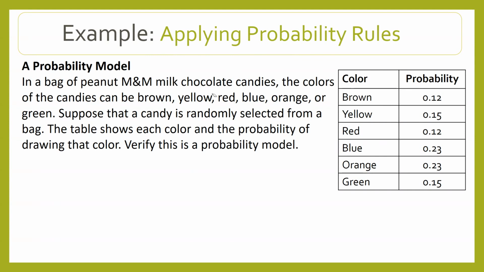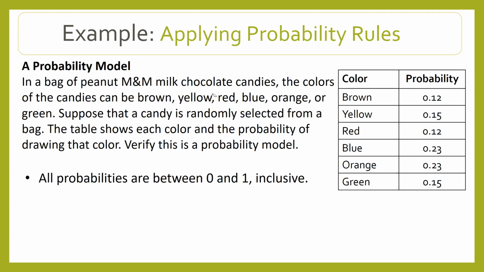Suppose that a candy is randomly selected from a bag. The table shows each color and the probability of drawing that color. Verify this is a probability model. So we have this table, color and probability of each, and we need to verify if this table represents a probability model.